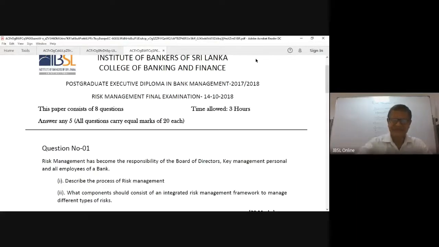This is the risk management process. The second question is asking about the integrated risk management framework, and on that framework they also ask another keyword, which is risk types. So I generally expect you to understand two different things here.